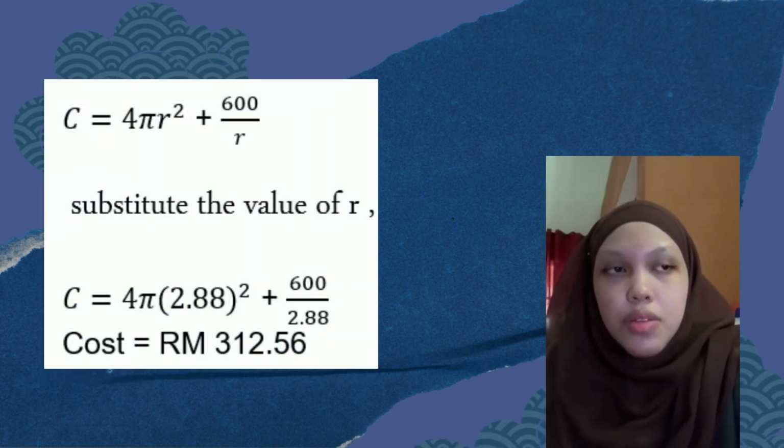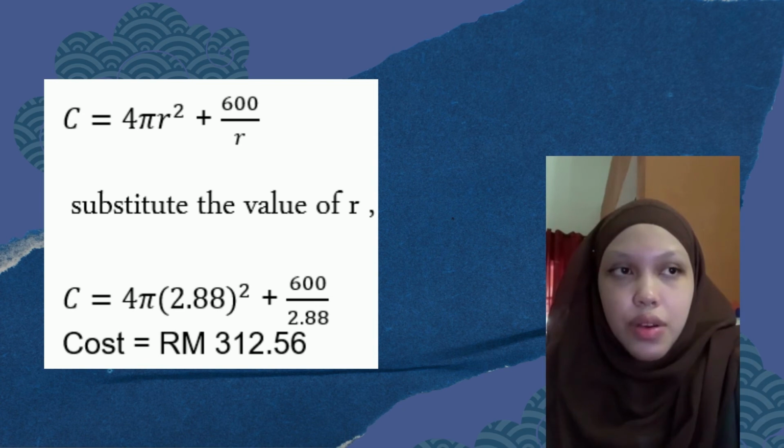C equals 4 pi r squared plus 600 per r. We need to substitute the value of r with the value that we got just now, which is 2.88. So we need to replace r with 2.88.